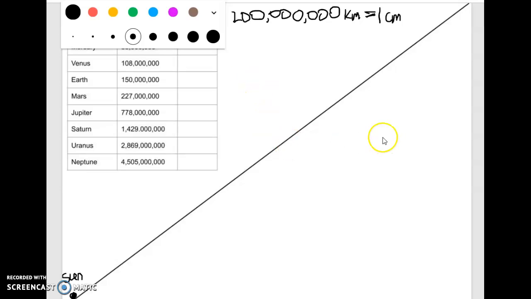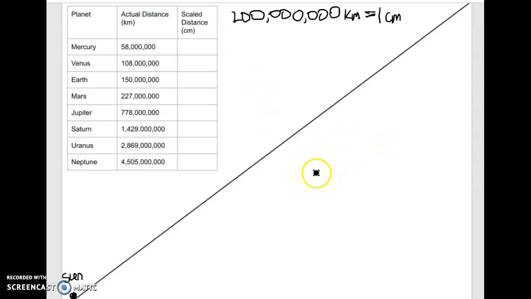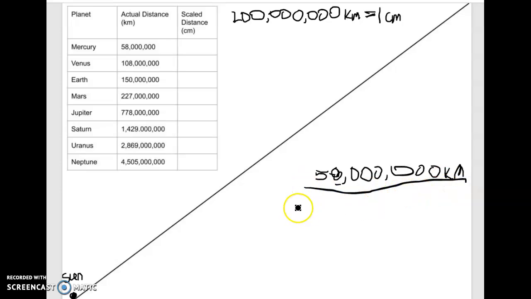We need to take Mercury's distance, which is 58 million kilometers, so 58, 0, 0, 0, comma, 0, 0, 0 kilometers, and divide it by 200 million kilometers.